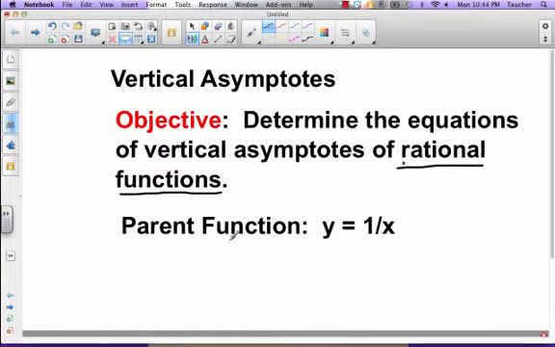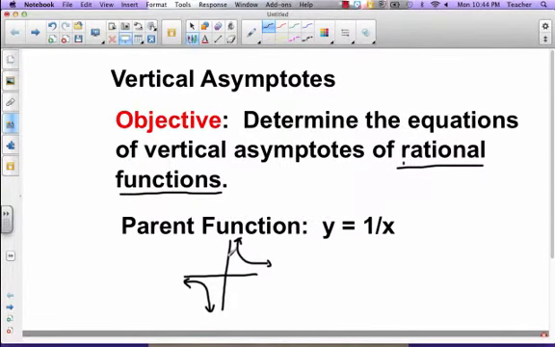So remember, just as a general shape that you would have used before, you'll have, in this particular case, a branch in the first quadrant and a branch in the second quadrant.